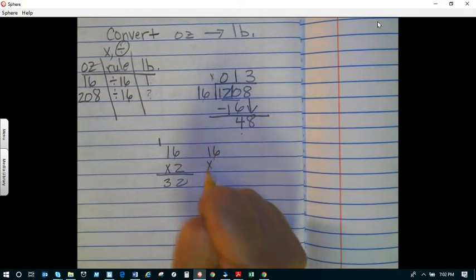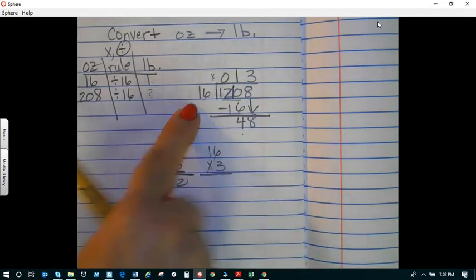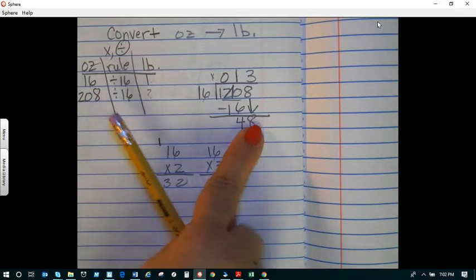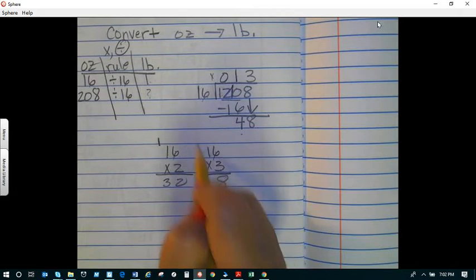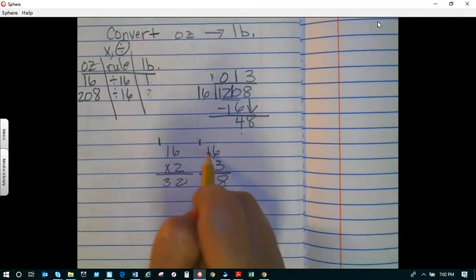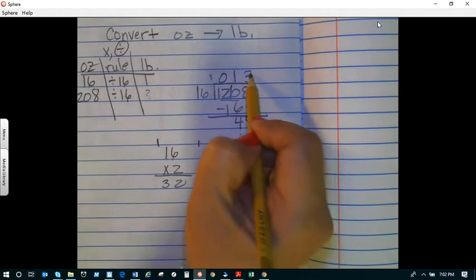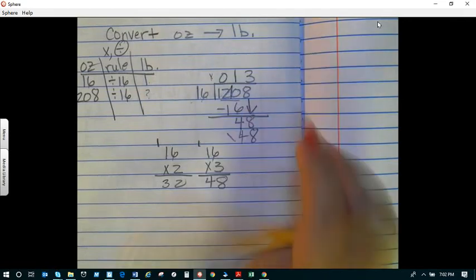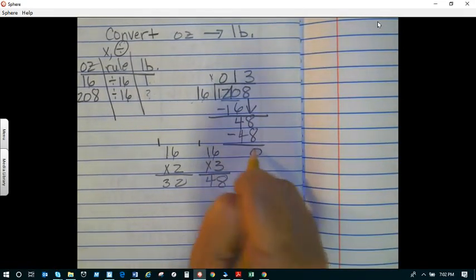16 times 3. And remember, I'm always thinking about my ones place. Can I multiply 6 by something to give me 8? That will have my ones. Yes, I can, by 3. 6 times 3 is 18. Carry my 1. 3 times 1 is 3, plus 1 is 4. So it'll go in 3 times. 16 times 3 is 48. Subtract that out. And it's 0.